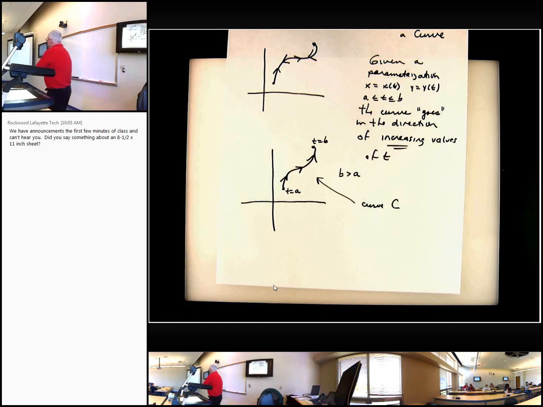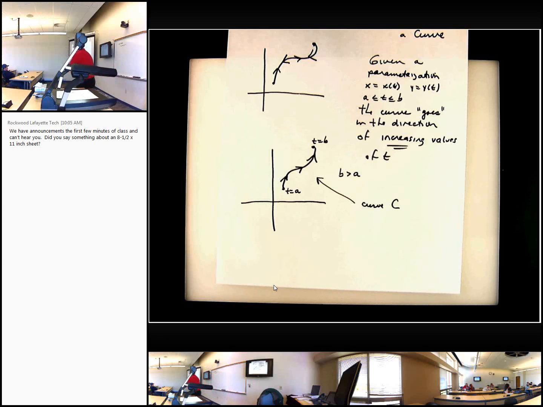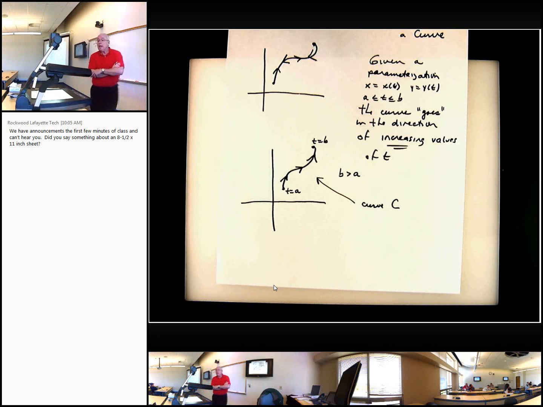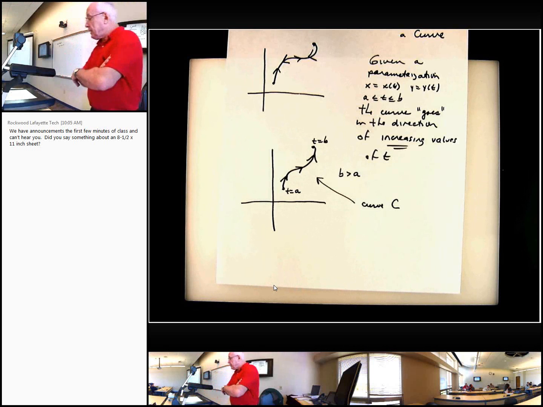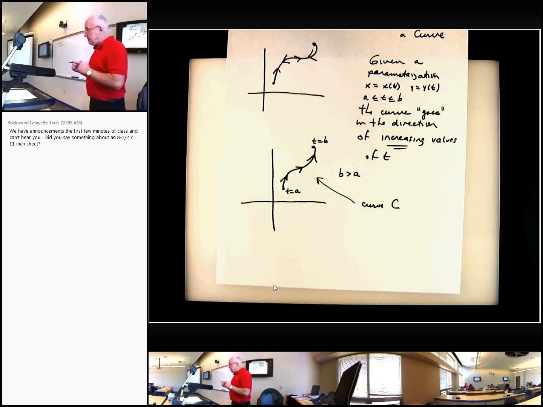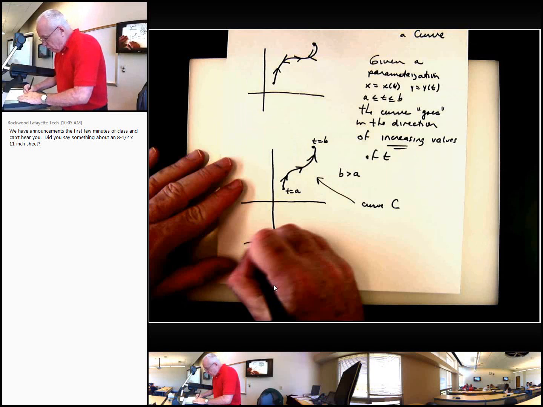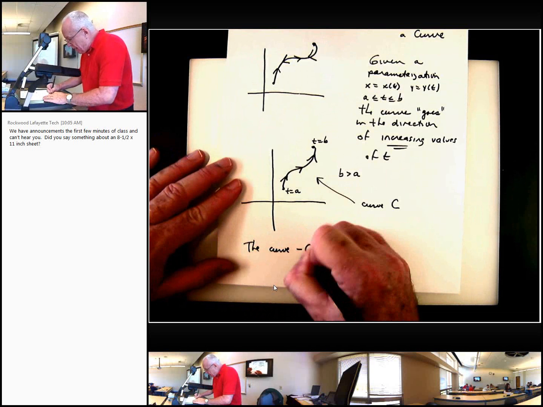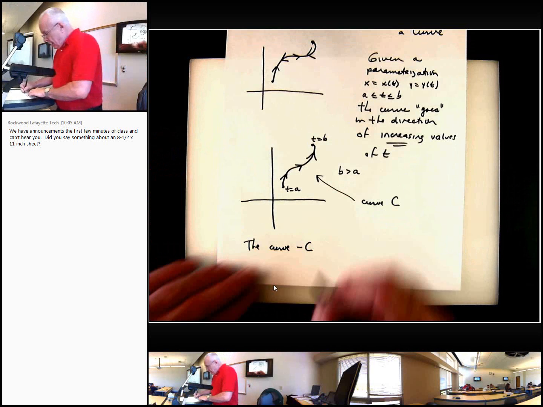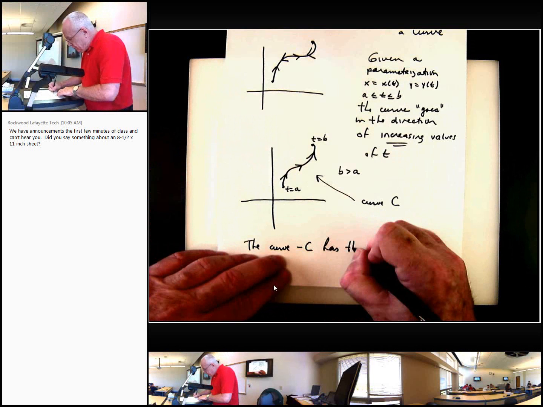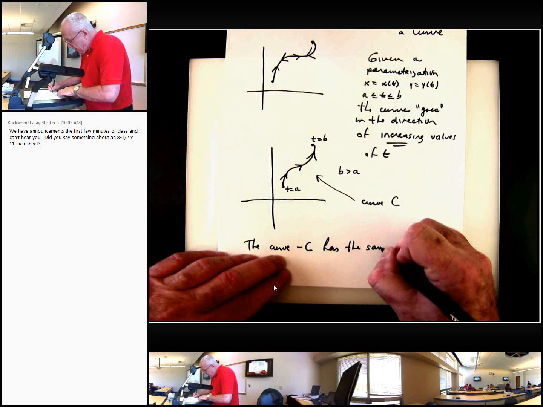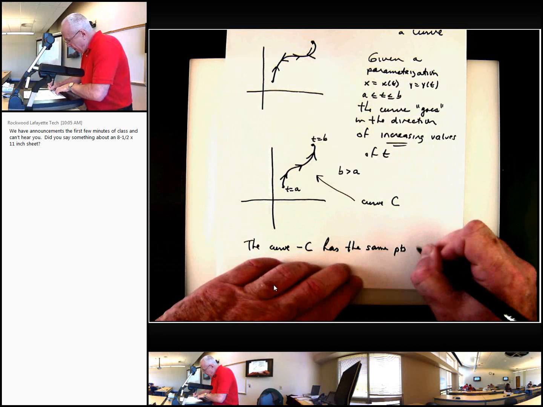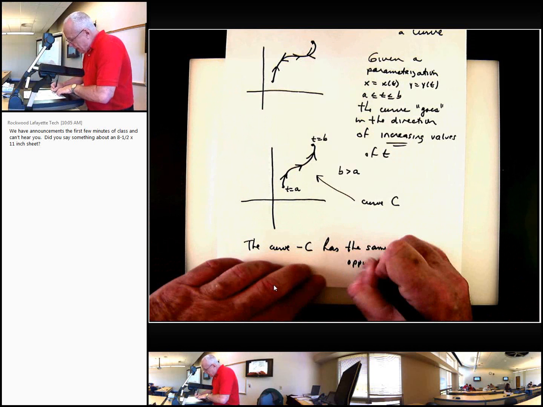Now, if for some reason we want to denote that we want to walk this curve in the opposite direction, and there may be times we may want to do that, we put a minus sign in front of the capital letter C. So the curve minus C has the same points, but the opposite direction.